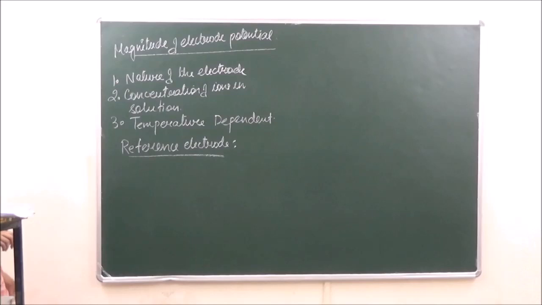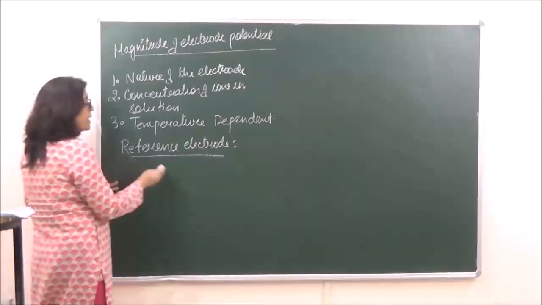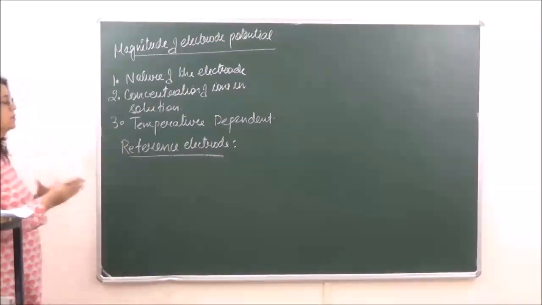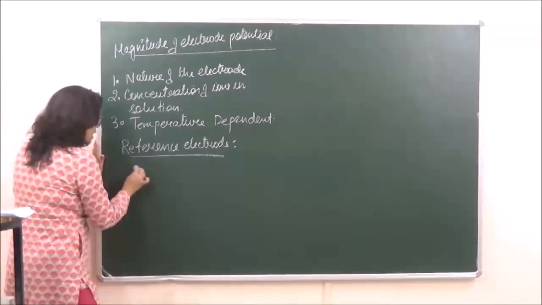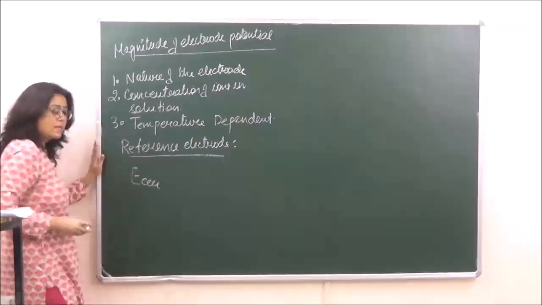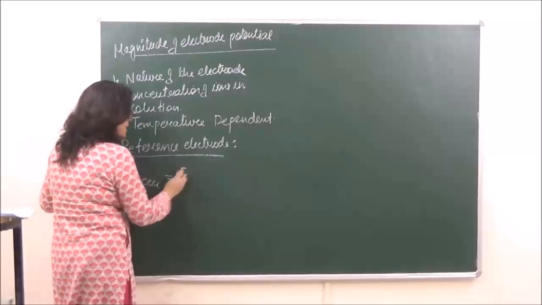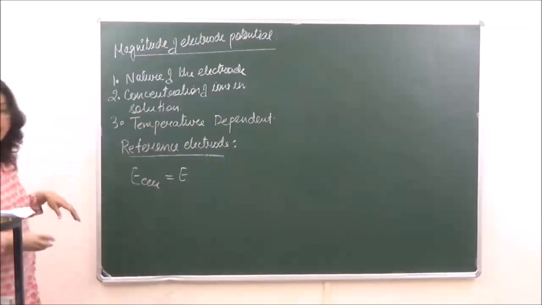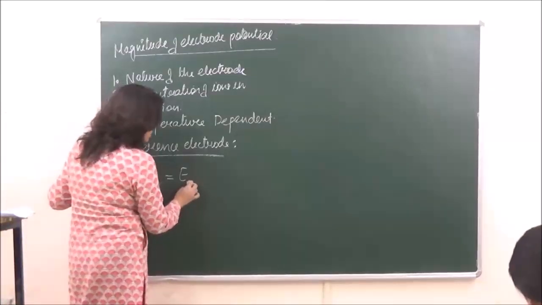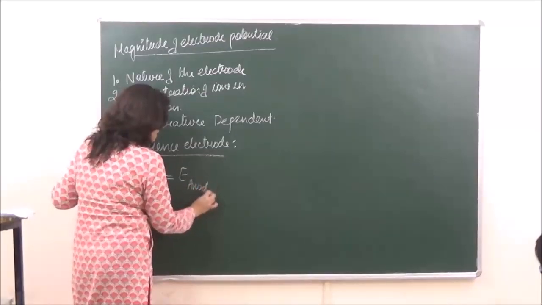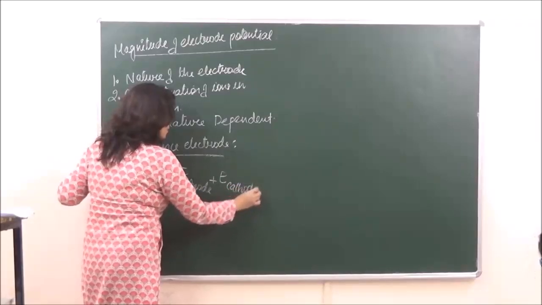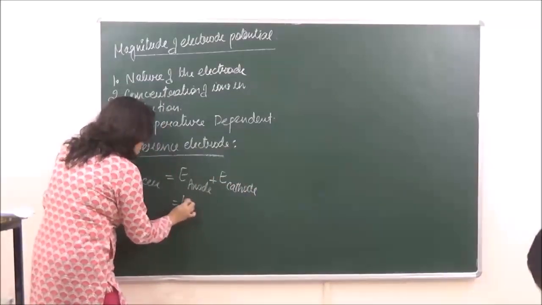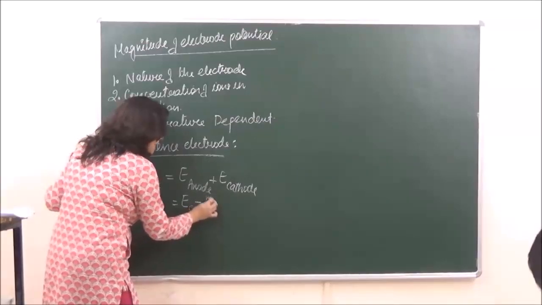Now, when we are talking of a reference electrode, how do we calculate the electrode potential of various metals? Then we use this representation: E cell is equal to E anode plus E cathode, or E cathode minus E anode.